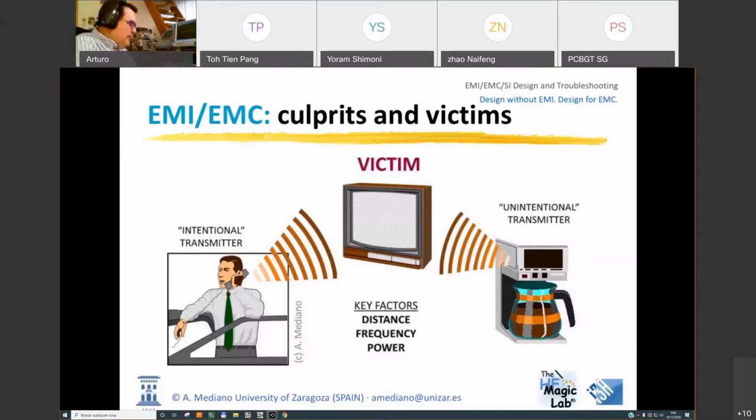At the same time, you can have unintentional transmitters. That means systems where you have hidden antennas and the electromagnetic energy that you are using inside of this product is being able to arrive at some distance to create problems in the same victim.